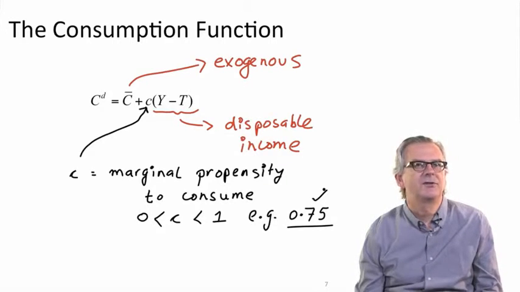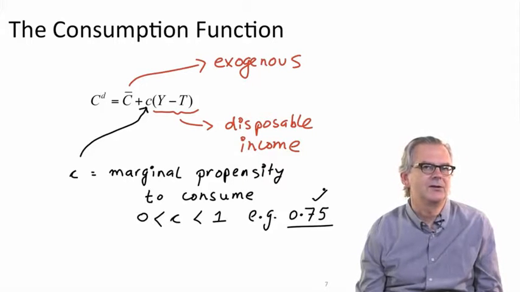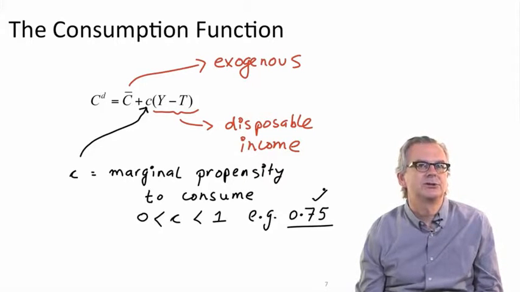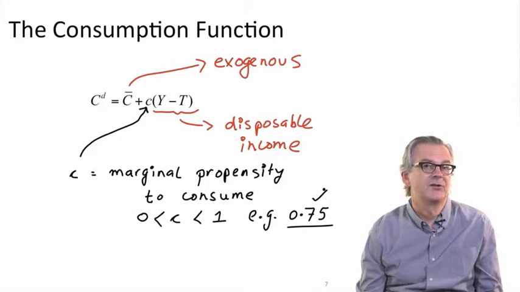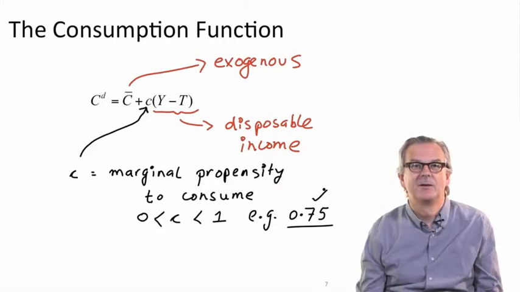So the marginal propensity to consume is a measure of the proportion of any increase in disposable income that is received that flows into increased consumption expenditure. So take a household that gets an extra $1, and suppose its marginal propensity to consume is 0.75, so 75 cents of that extra $1 is used to finance some extra consumption.